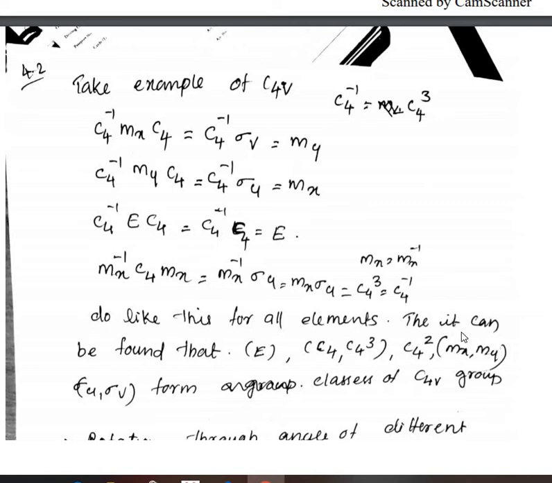Similarly, you do the same operation for Mx and My, and you will find that Mx and My form a class, and sigma U and sigma V form a class. So E and C4 square each form a class by itself, then C4 and C4 cubed form a class, and Mx, My form a class, and sigma U, sigma V form a class of the C4v group.